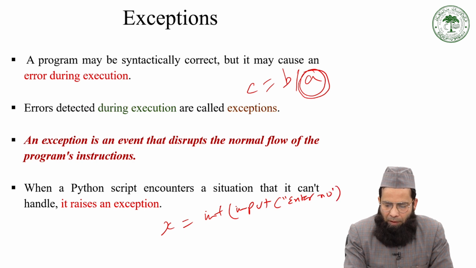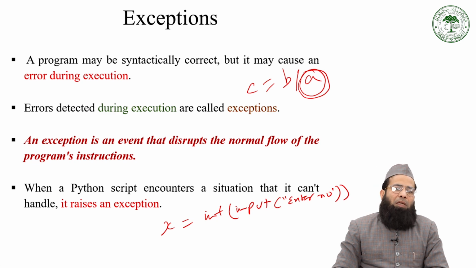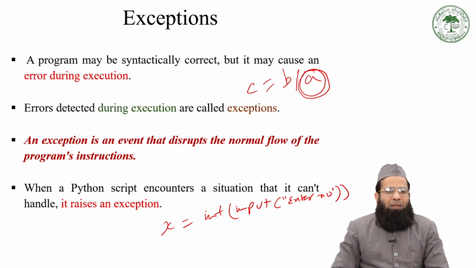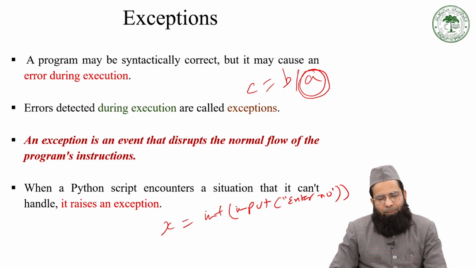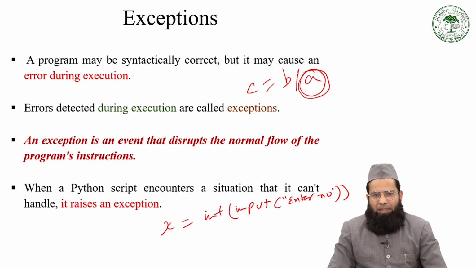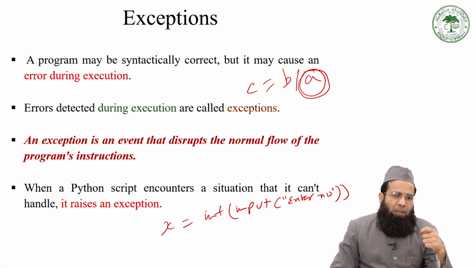Instead of entering a number, the user has entered, let's say, alphabets. So what would happen in this case? An error would be generated, and actually an exception would be generated. Python will generate an exception.